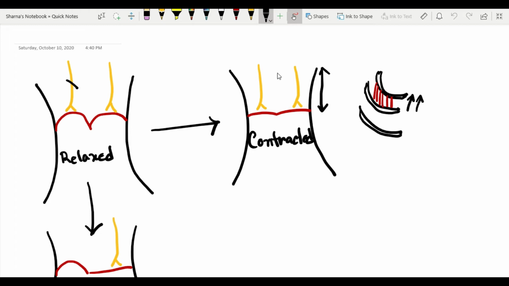Now according to Boyle's Law, the pressure is inversely proportional to the volume at a constant temperature. So according to this law, if there is less volume, like here, the pressure will be increased in this area, and if the volume is increased in this area, the pressure will be less. This is too hard for us. Forget about the law.